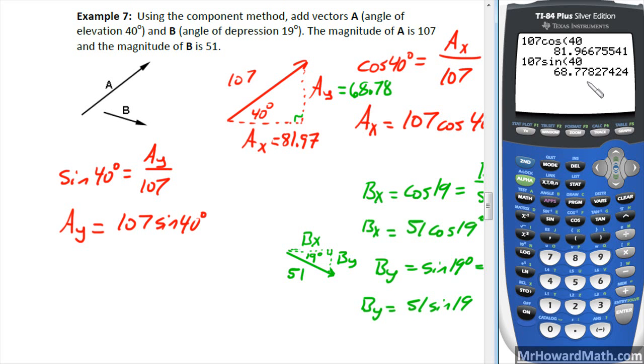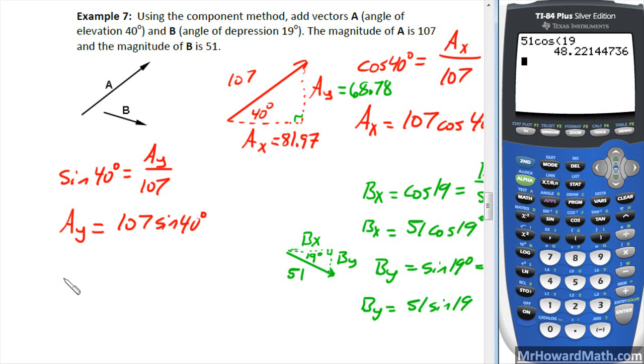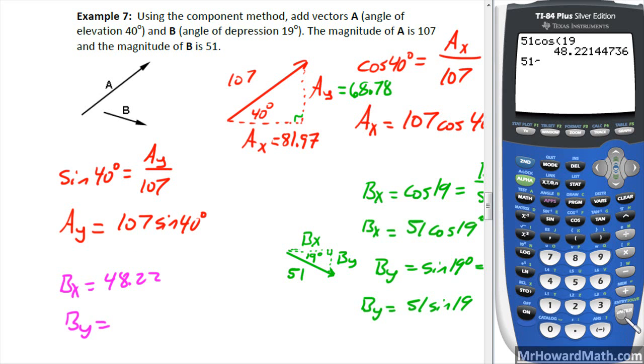So we'll minimize that, put these in our calculator. So 51 cosine 19 is our horizontal component. So b sub x then is equal to 48.22. b sub y is the same thing, only sine.